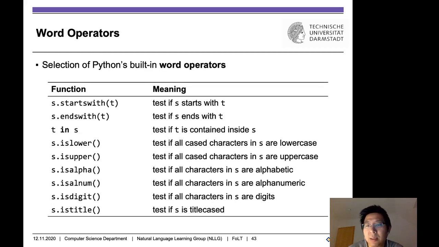And in addition, you can choose one of these word operators, or we call them string operators. For example, you can check if the string starts with particular characters or ends with particular characters, or whether particular characters are contained inside the string, and so on and so forth.